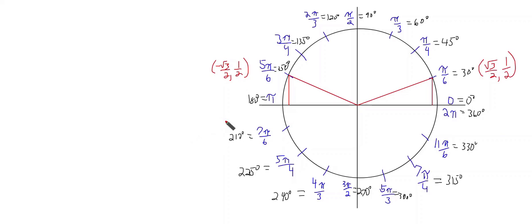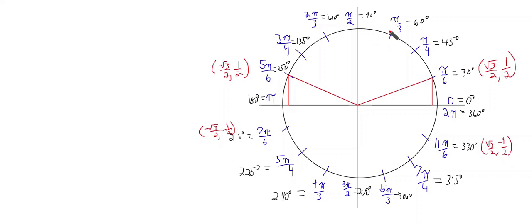So at this point, we have negative square root of 3 over 2 and negative 1/2. And we can continue this pattern. Okay, and that pattern continues. On this side, x is positive but y is negative. So this point is square root of 3 over 2 and negative 1/2.